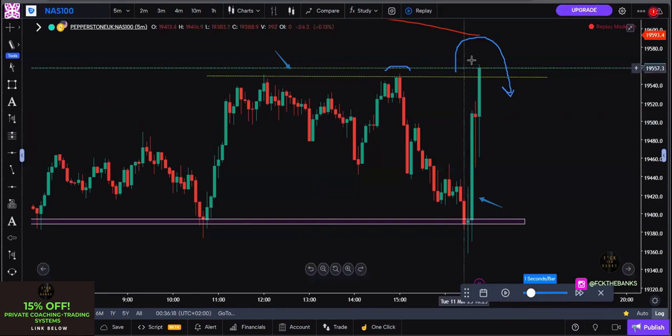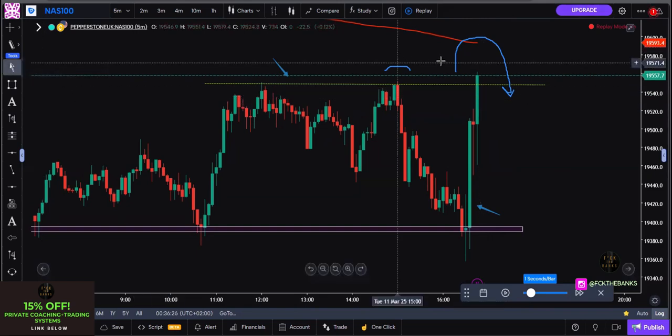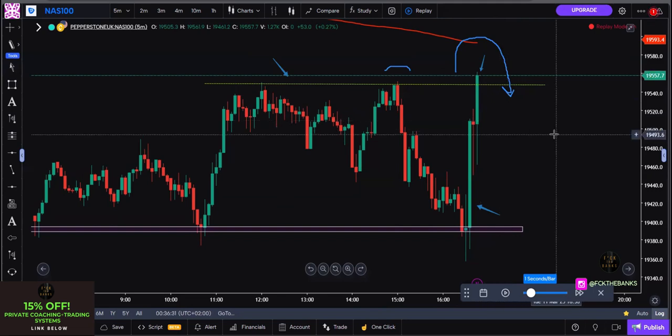Now you have price starting to push above these levels, and there's a lot of traders that immediately, when they see these type of candles breaking above, actually there's a lot of famous mentors that teach this type of trading, and no wonder why they never win. They're not profitable because they are liquidity.